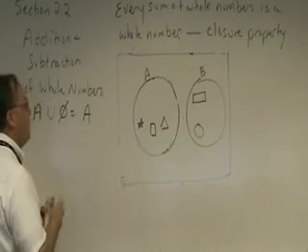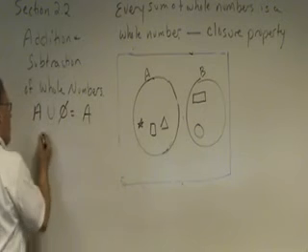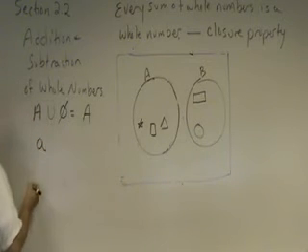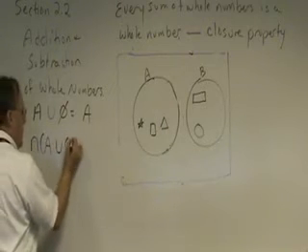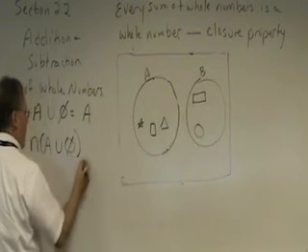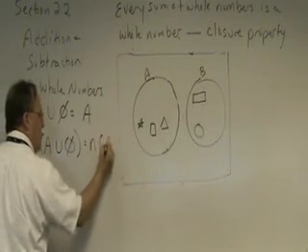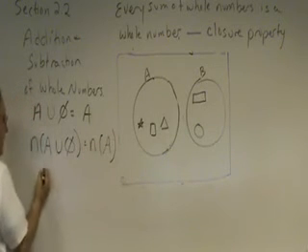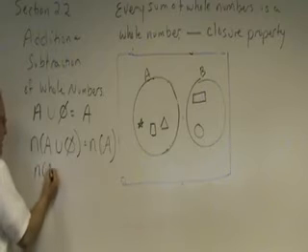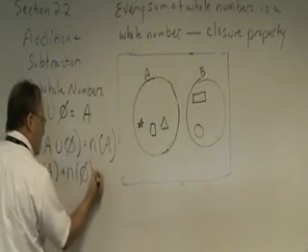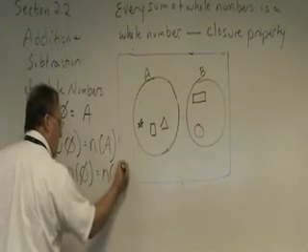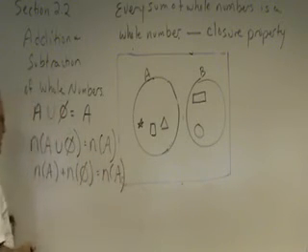Well, what are the cardinal numbers here? What's the number in A? So I know the number in A plus the number in the empty set is equal to the number in A, all right?